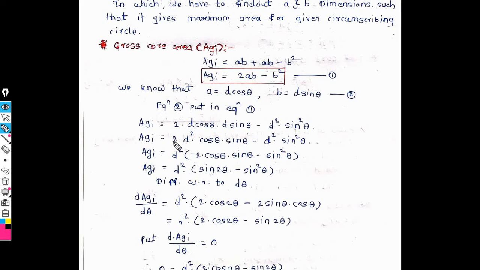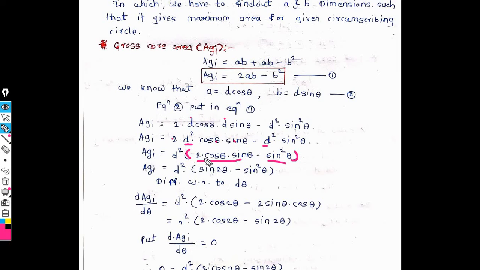So AGI is equal to 2 d square cos theta sin theta minus d square sin square theta. Now taking d square common, the other values are in brackets: 2 cos theta sin theta minus sin square theta.